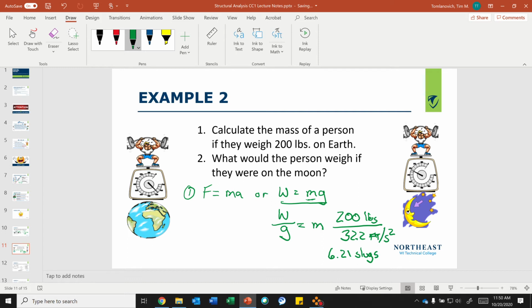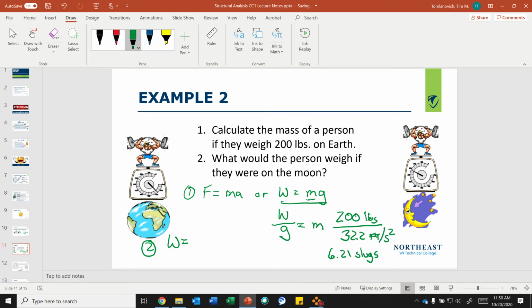We know mass is the same on Earth and on the moon, no matter what, and on Jupiter, whatever. It's just the gravity that turns it into the weight and the force. So weight equals mass times gravity. This is problem 2.